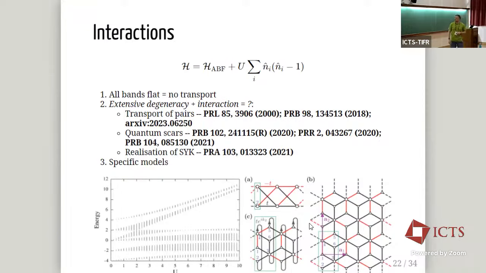Another interesting known result was the realization of the SYK model. It was proposed by Tigran Sedrakyan at the University of Massachusetts that if you consider a Kagome lattice with a bit of disorder, a bit of impurities, and interaction, again in the weak interaction limit, it maps to an effective SYK model with all-to-all description.